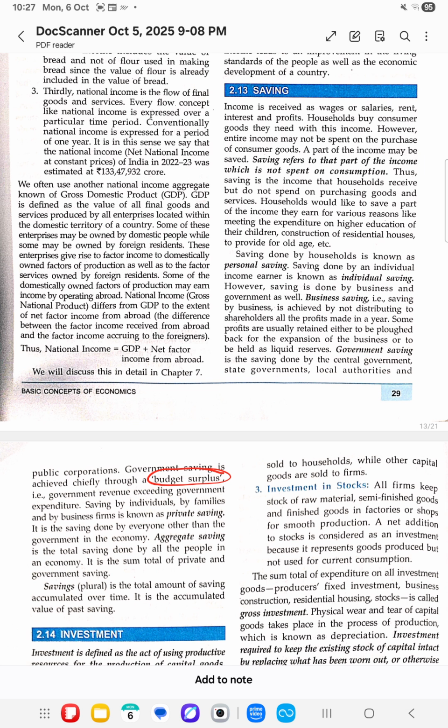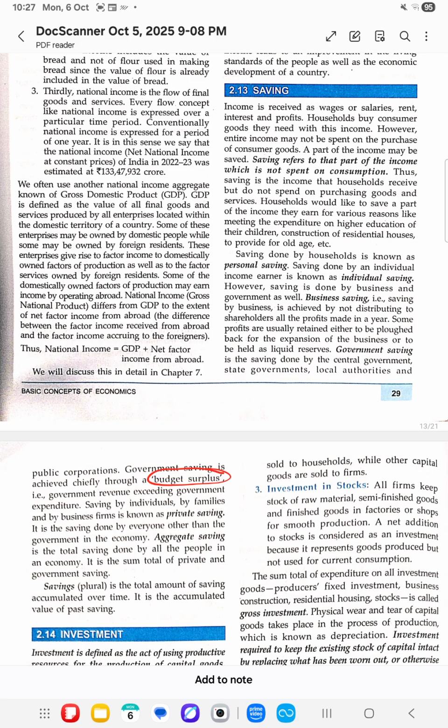And what is the receipt that the government is getting? The tax that we pay. It can be in terms of GST, it can be in terms of income tax. So when the tax exceeds the money that government is putting in implementing these policies or in making roads etc., the surplus money that the government is left with, that goes into government saving.